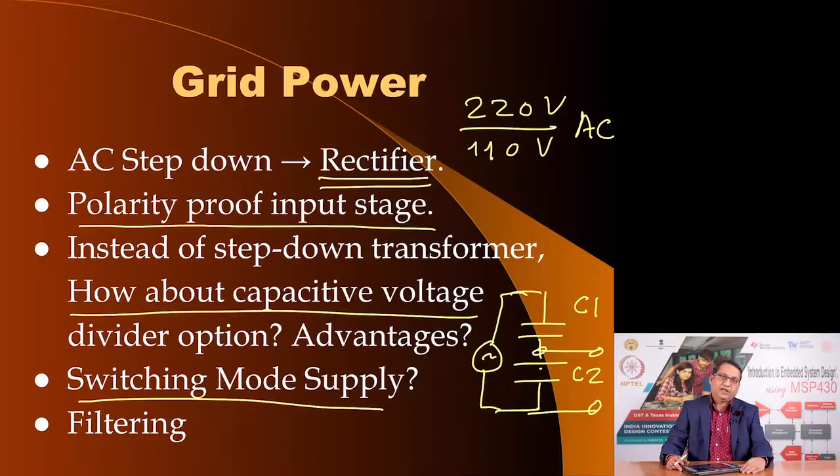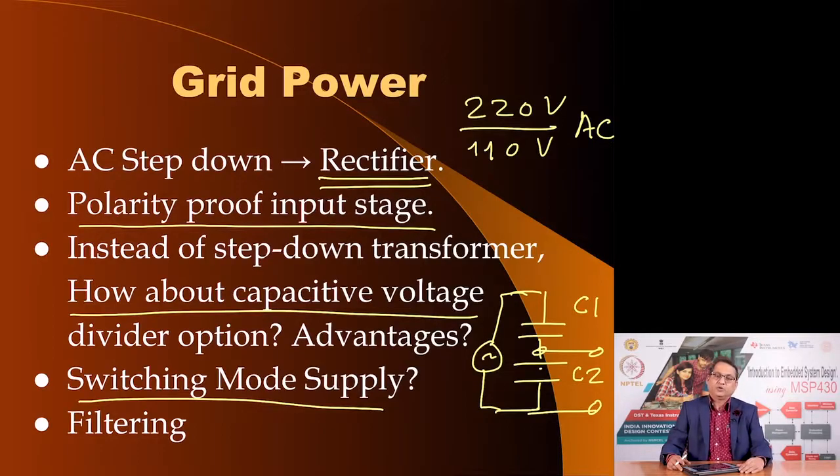The typical power line frequency is 50 or 60 hertz, which increases the size of the transformer, but the relationship between the size of the transformer and the frequency is inverse proportionality, so if you increase the frequency, it reduces the size. So, the switching mode power supply uses about 100 kilohertz or a few hundred kilohertz of switching frequency, which leads to a very small, tiny transformer.